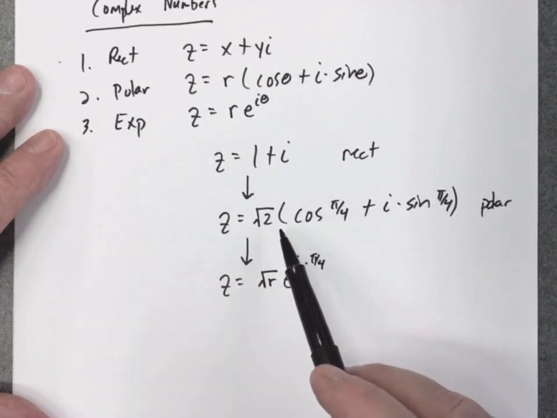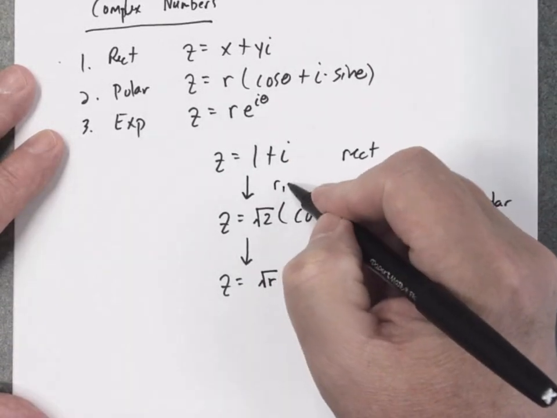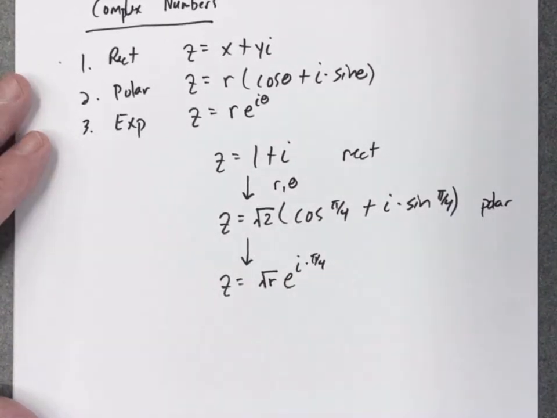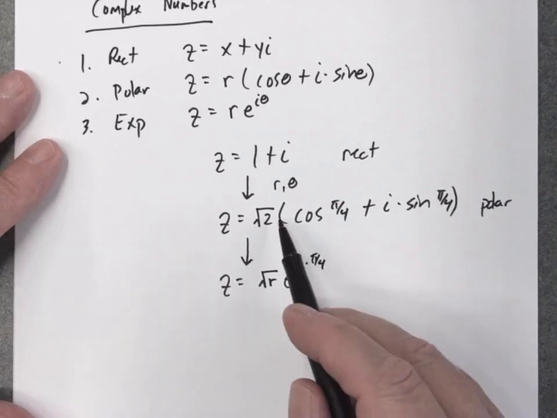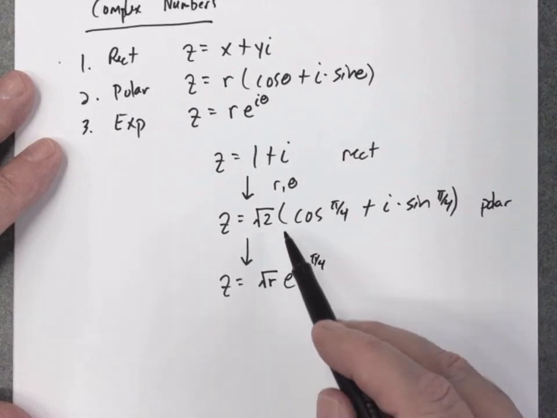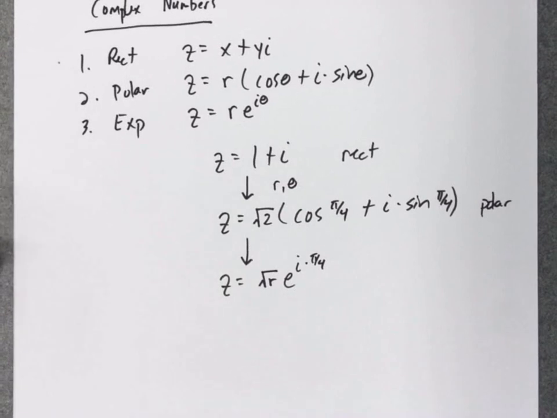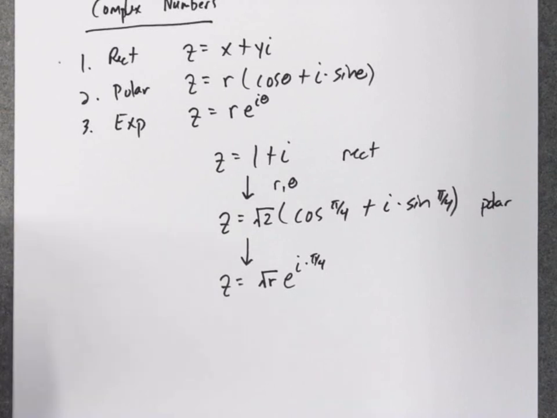Now to convert that to polar, you basically have to figure out r and theta, and you have to do some math and use those formulas and equations. But then once you write it in polar form, then they're going to ask you to write it in exponential form, but it's very simple, because once you have the r and theta, you just write it into the exponential form. All right, in the next video, we will do some problems like this.